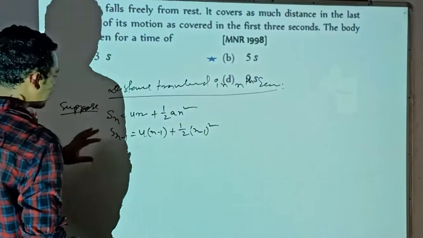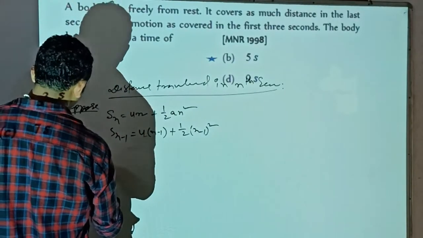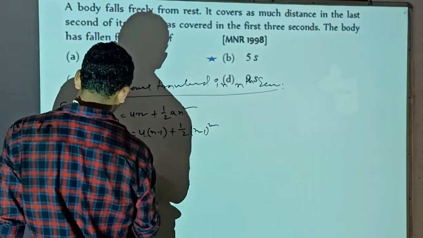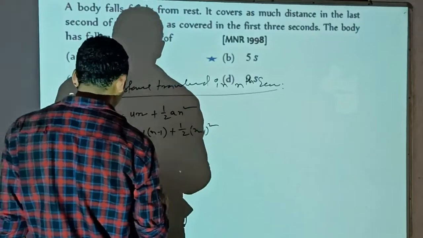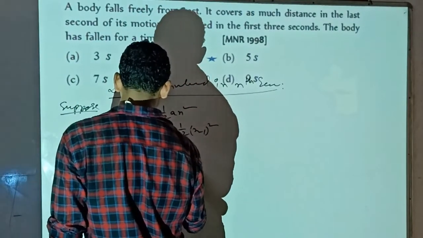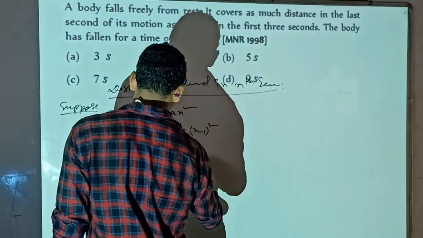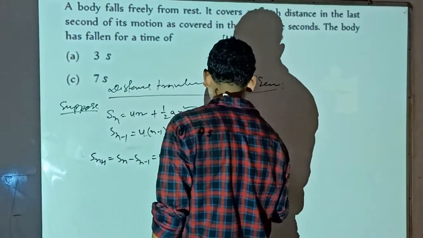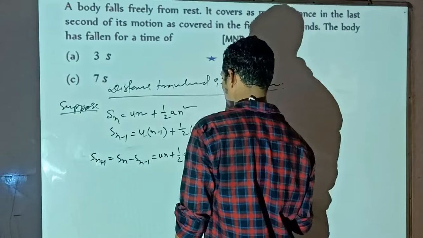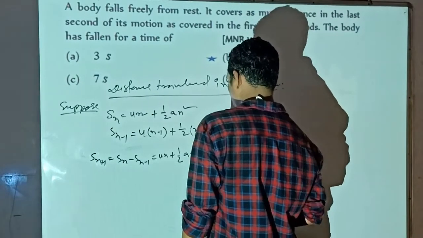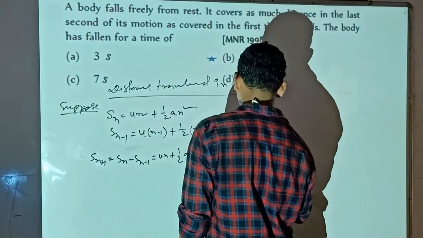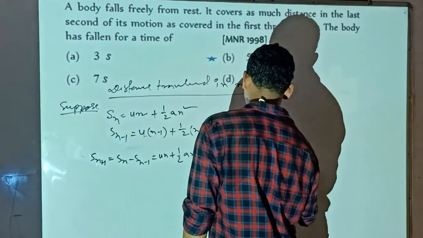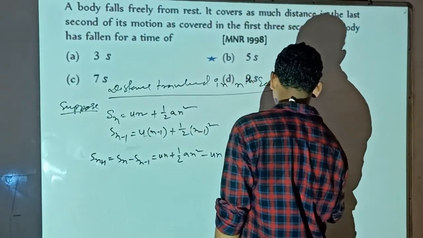Therefore, distance travelled in nth second is equal to Sn minus Sn minus 1, which is equal to u n plus half of a n square minus u into n minus 1 plus half of a into n minus 1 whole square, which is n square minus twice n plus 1.